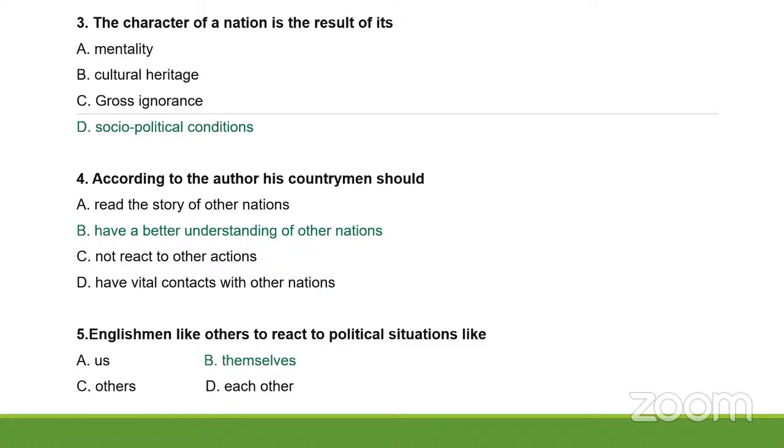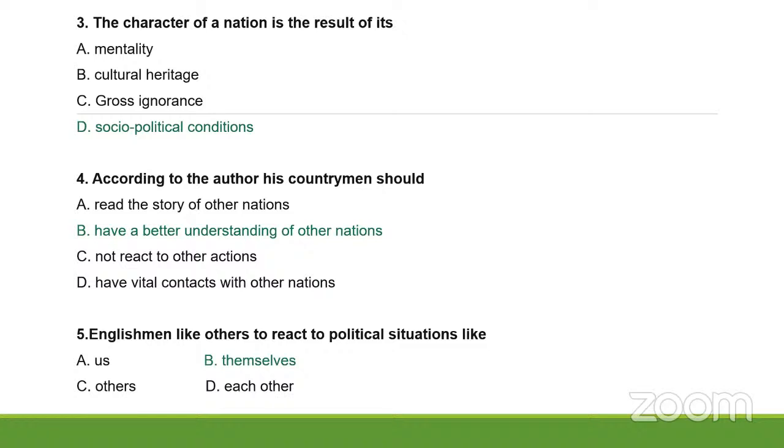According to the author, its countrymen should have a better understanding of other nations. As the author mentions, the English people, meaning the people of the UK, should have an understanding of other nations and what their history is, so that they have a better understanding of what is happening across the globe.